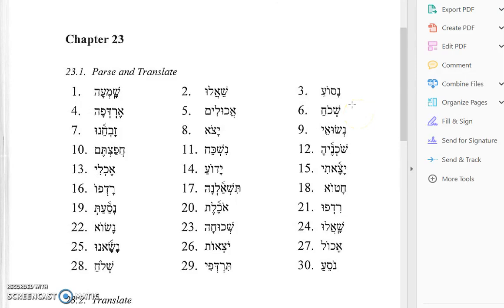Nasoa is an infinitive absolute. Notice the kamats, notice the holem and vav, with a furtive patach because of the guttural. And it would have to do with traveling, departing.